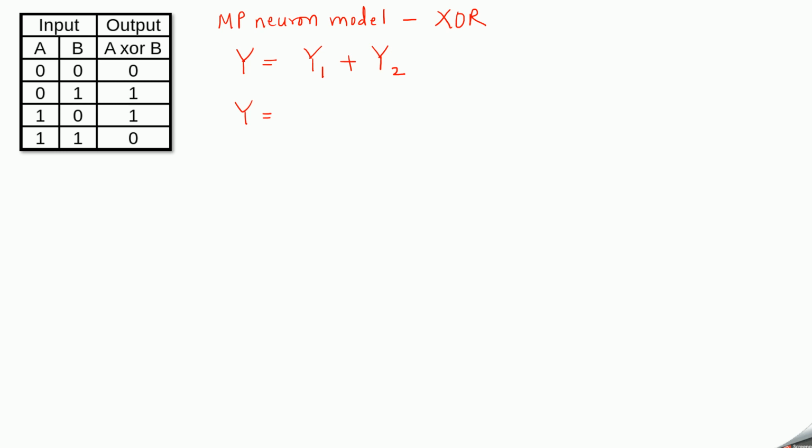Y1 is nothing but A dot, that is nothing but AND, B bar, which is nothing but the complement, and Y2 is A bar dot B.